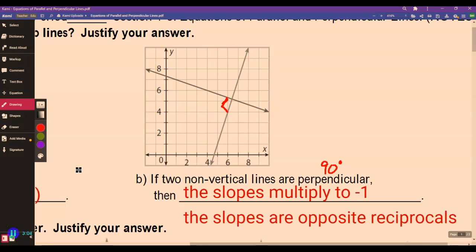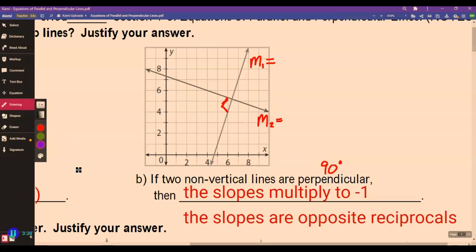I want to keep track of which is the slope for which one. So I go M1, the slope of the first line, and I write it right next to this, and the slope of this line, I'll call this one M2, slope of the second line. It doesn't matter which one you call the first line, the second line. The fact is that we just have a label for it so we don't mix them up later.